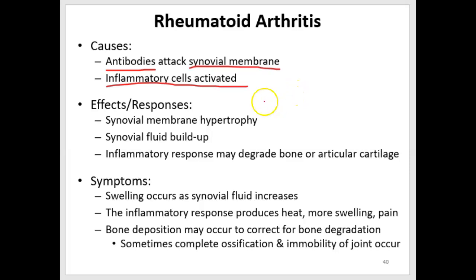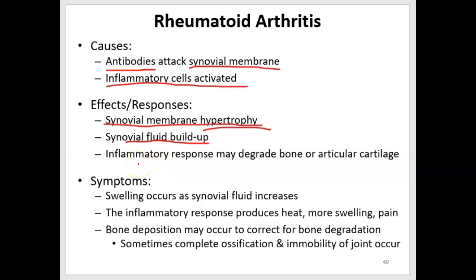They are activated, and they send out signals to the synovial membrane, which is part epithelial tissue, remember, to proliferate by mitosis. So you get hypertrophy of that membrane. And then if you have more membrane, you have more fluid buildup. So the joint becomes swollen.